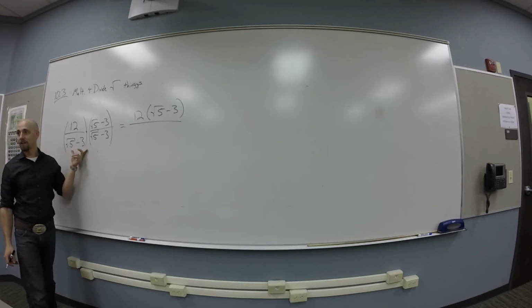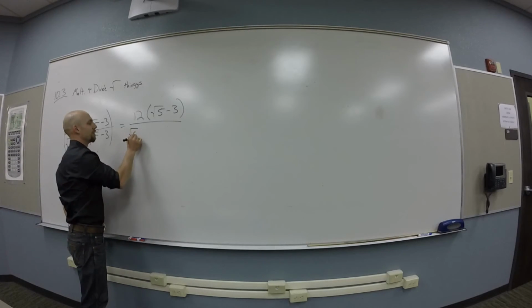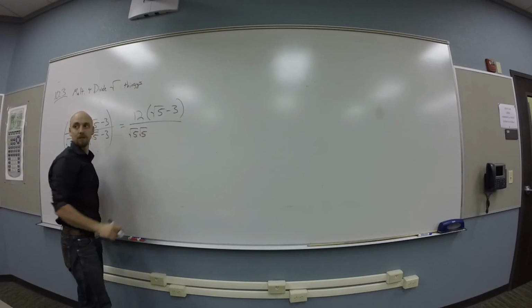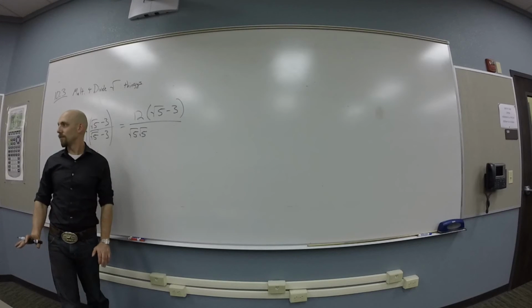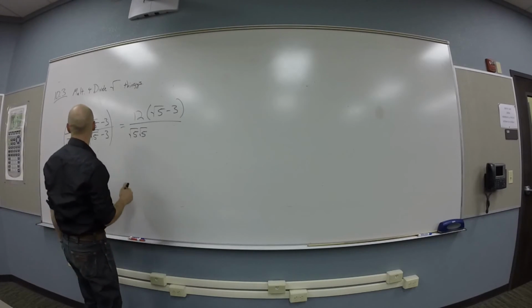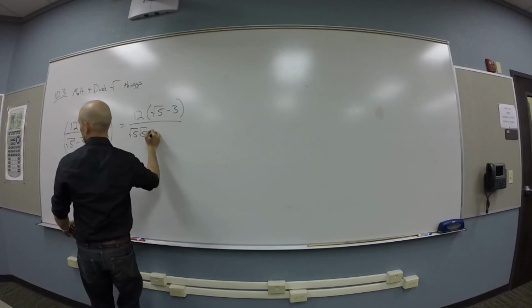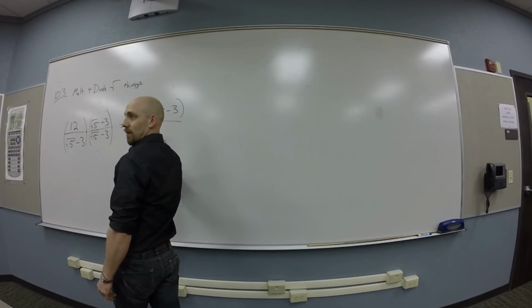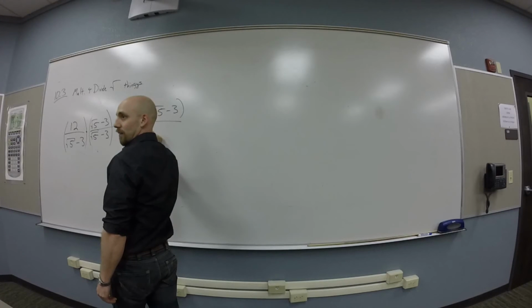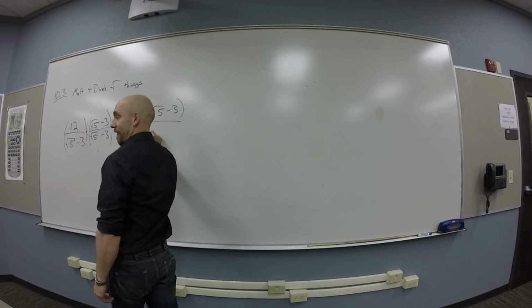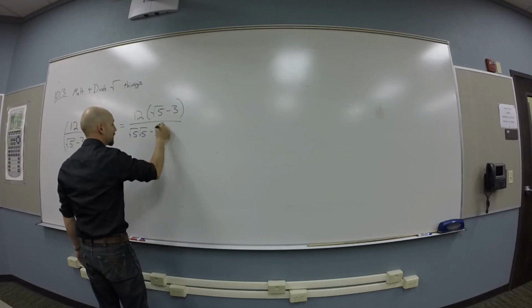So when I FOIL, I'll get root 5 times root 5. That's 5. I'm good with that piece. Then how about your outsides? Minus 3 root 5.